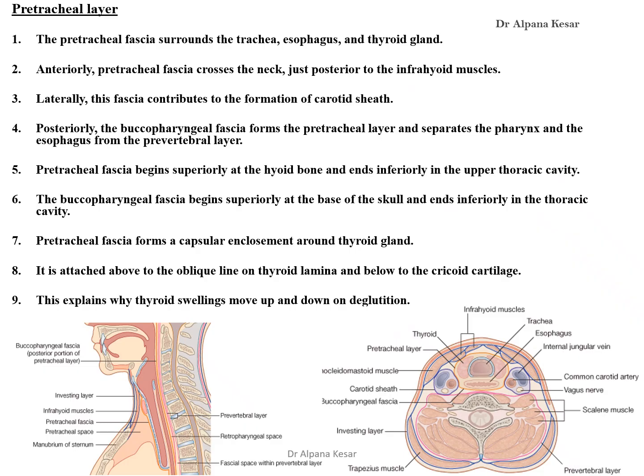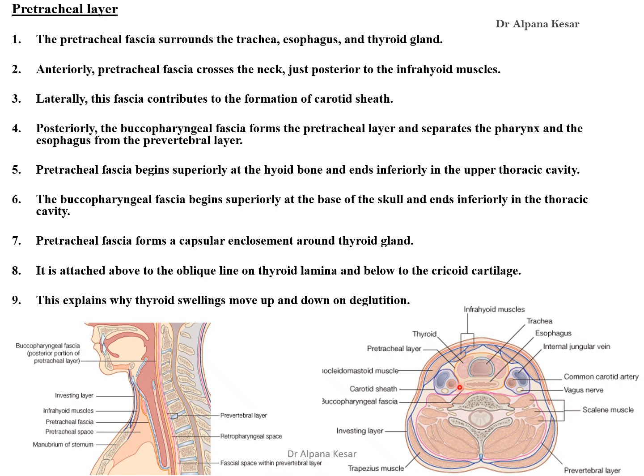Pretracheal fascia. This is the pretracheal fascia marked in orange. Pretracheal fascia surrounds trachea, esophagus, and the thyroid gland. Anteriorly, it is present just behind the infrahyoid muscles.